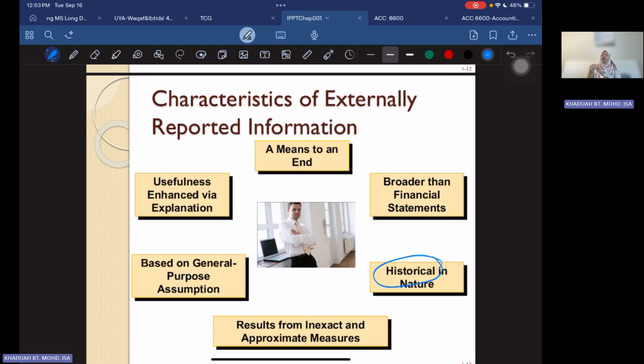We are going to report the financial statement based on the historical. It means when it was acquired, how much the value of the property was, for example. And of course, results from inexact and approximate measures. Some of these accounting records are not accurate, but we try to make them as accurate as possible.